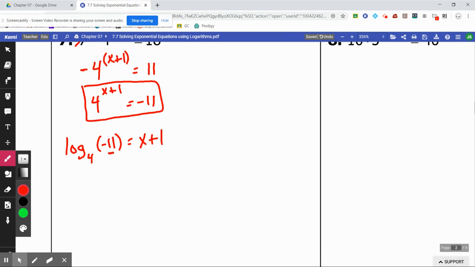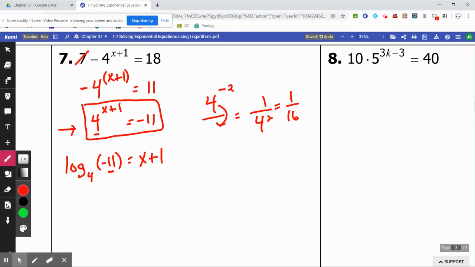If you were to go back up to this step, you cannot raise a 4 to any power to give you a negative answer, because even if you were to raise 4 to a negative power, that brings it to the bottom, and that would be 1 over 4 to the second. That's still a positive value. Exponential functions like this, unless it's been translated down, will never equal a negative value because it has an asymptote line at y equals 0. So therefore, this one will be no solution.